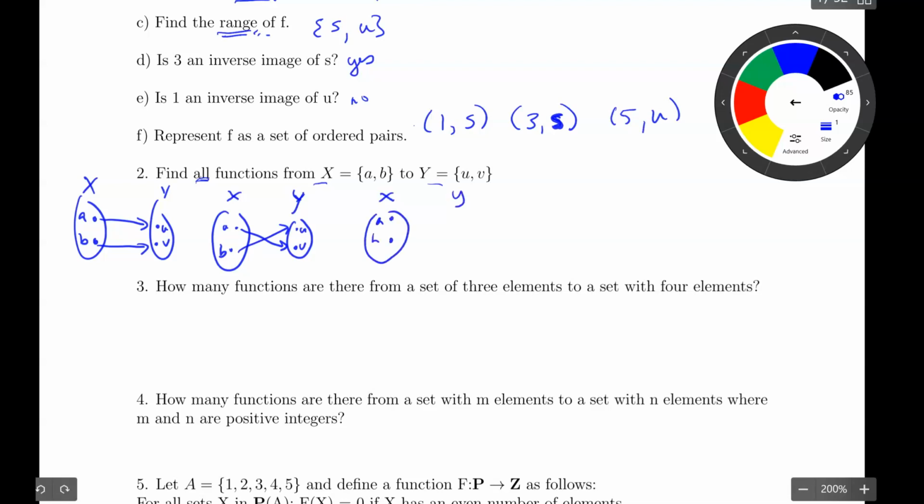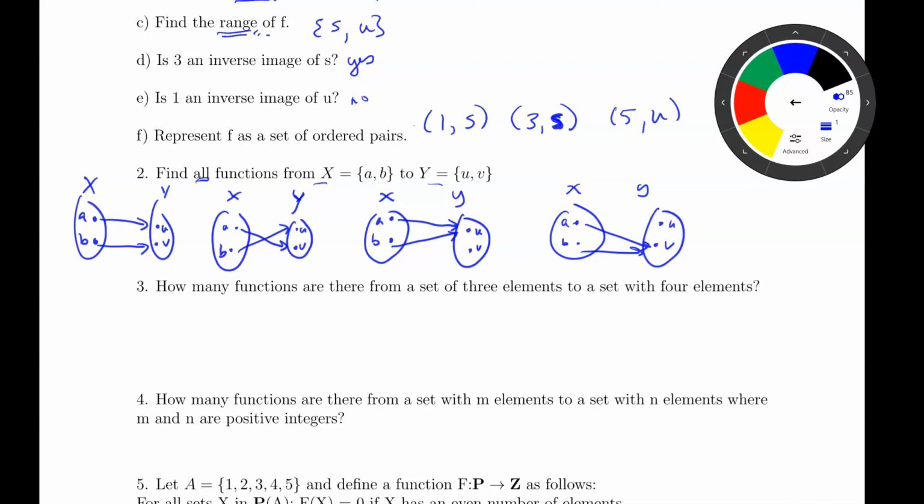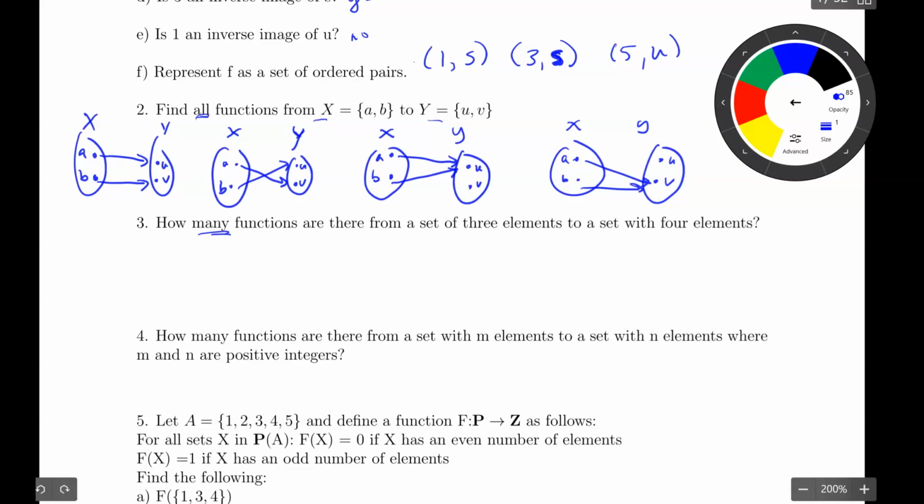So let's think about it. Remember, everything in the domain has to go to something, has to be acted on, right? So A could go to U and B could go to U, right? That's an okay thing to do. And then I could have A, B, U and V, and so they both could go to V, right? Okay, so let's talk about how many functions, and we're going to be doing more of this counting for our next test. But if I have 3 elements here, and I have 4 elements here, how many different functions?